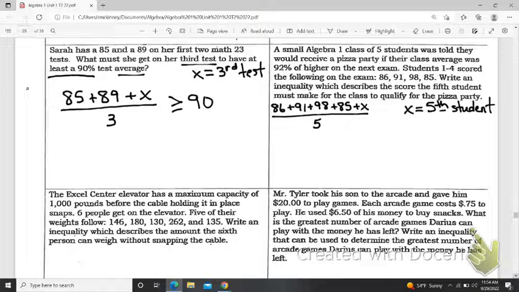And then we want that to be greater than or equal to 92. So yes, you're going to multiply both sides by 5, add up those test scores that you know about, very much like the temperature problem, just more things to add in this case.